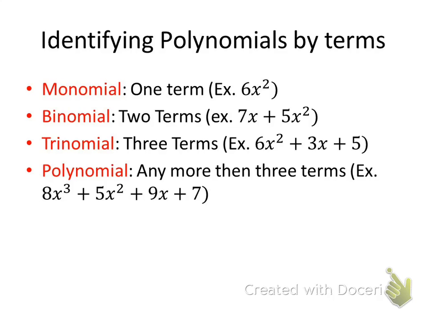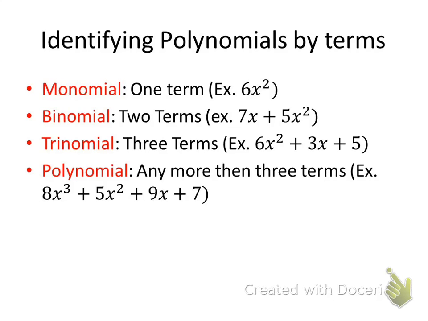Remember, what separates terms are pluses and minuses. So this plus separates two terms. So I know it's a binomial. A trinomial has three terms, 6x squared plus 3x plus 5. Tri means three. Think about a tricycle. It has three wheels. And then anything above a trinomial, we are just going to consider a polynomial.